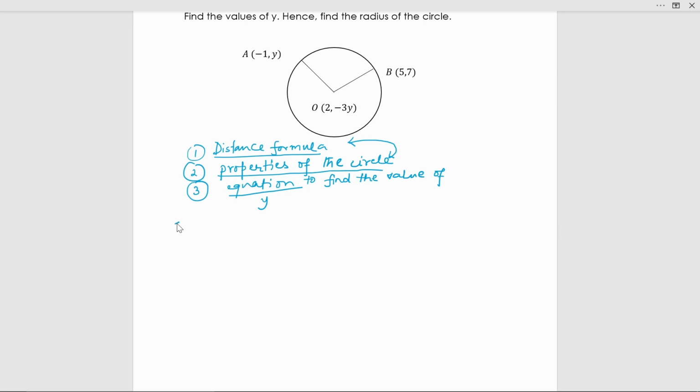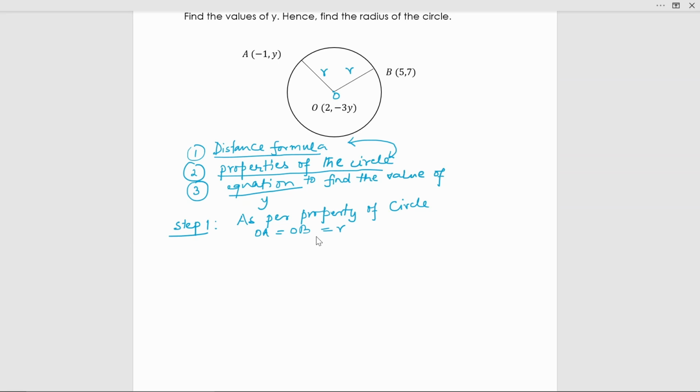So step 1, as per the property of circle, we know that OA is equal to OB is equal to R. So this is my R. We know the radius everywhere is the same from the center.